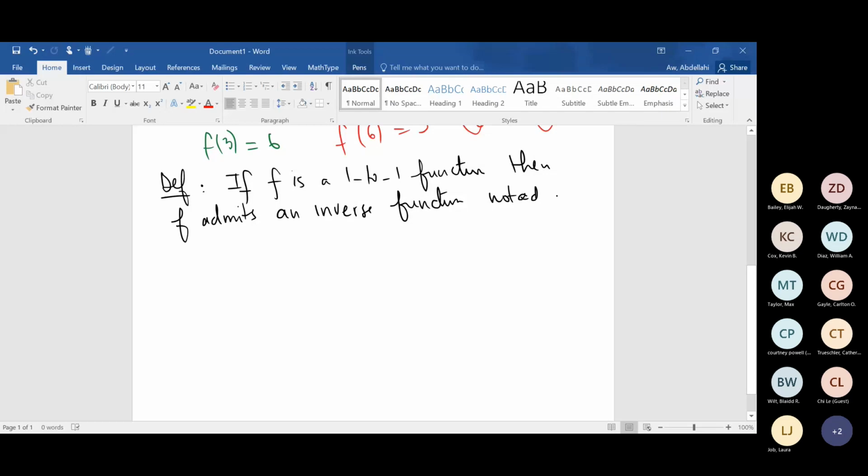What is the definition of f minus 1? It's very simple.